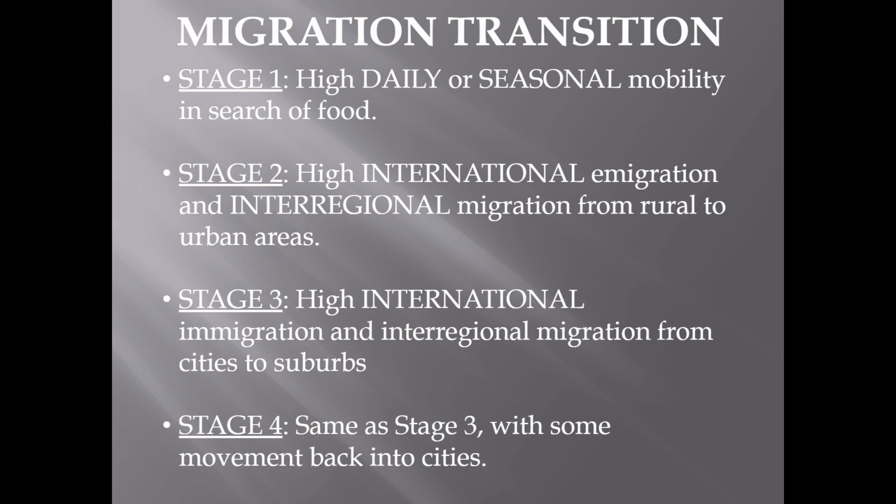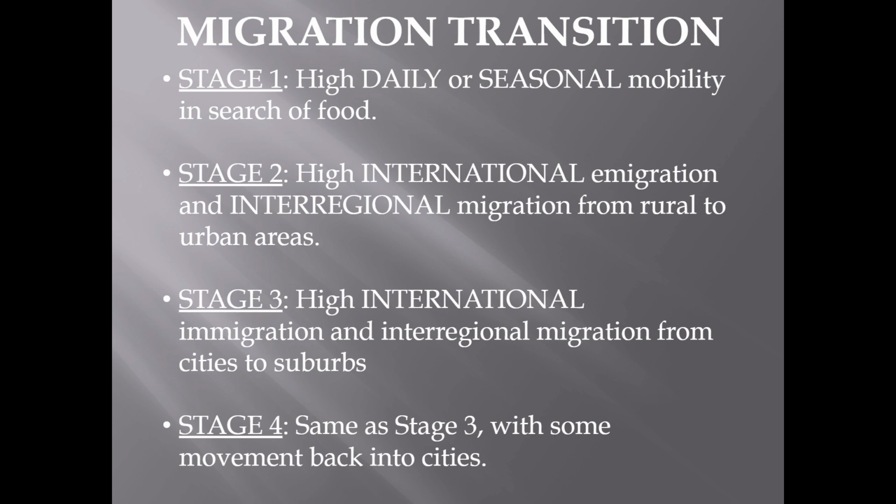And you're actually going to start to see some in-migration by people who live in stage 2 places, right? Stage 2 countries that would like to come to your stage 3 country because they see it as a better chance for success. So again, high international immigration, but not as much out migration, and starting to see some in-migration.